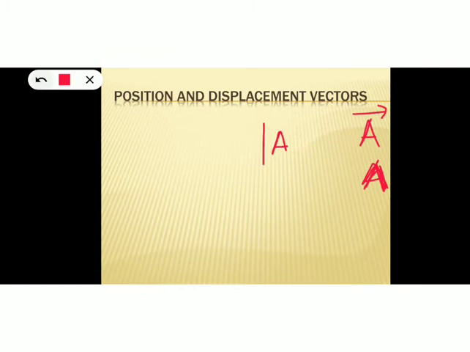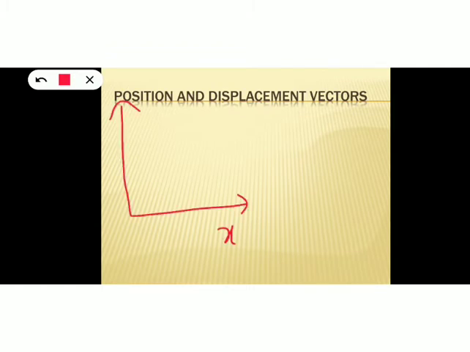So now we can discuss position and displacement vectors. Let's discuss it with the help of an example. Consider a Cartesian plane. O is the origin. Now consider a path like this.